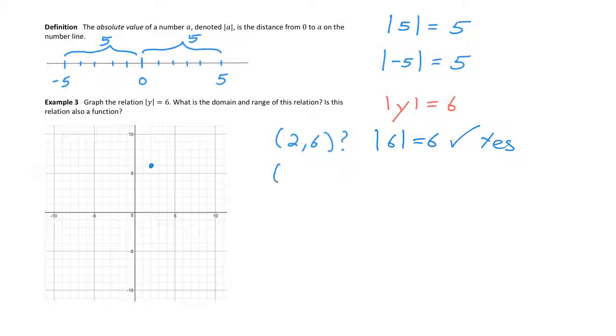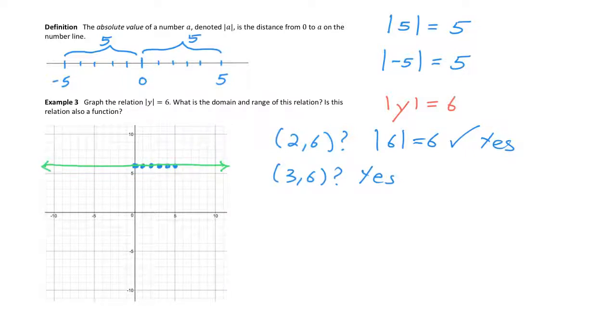But for that matter, so is 3, 6. Or really any number, 6. So we get 3, 6, 4, 6, 5, 6, 1, 6, 0, 6. We get all of those numbers. So I'm going to go ahead and just draw that in. There we go.